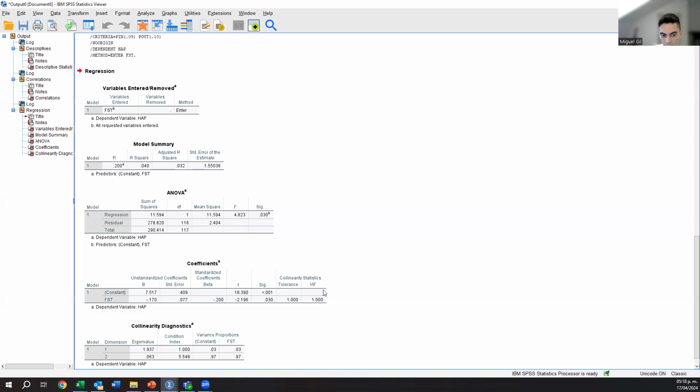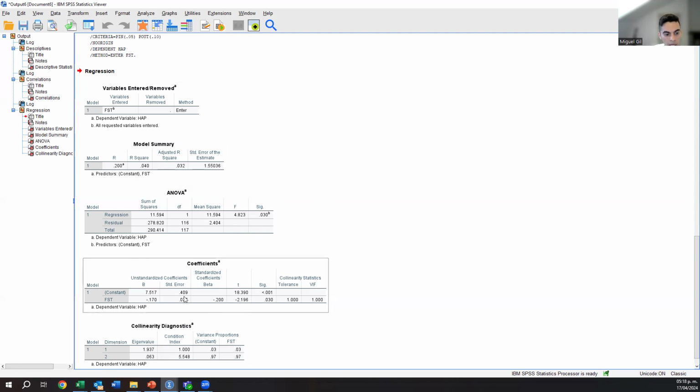We don't have multicollinearity problem. Our model is not that well at explaining the variance of happiness, so that's not the best. And we can actually conclude with 97% of confidence that the model works. So this is the first model, and that's how you conclude.